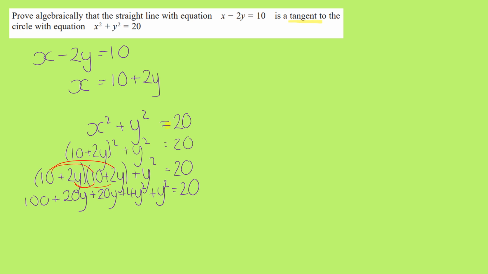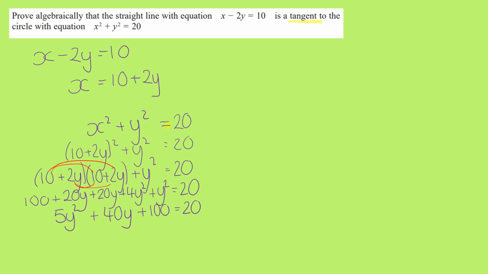Right, let's simplify. So starting with my quadratic portion here, so these two here, the y squareds, let's put those together. I've got a 4y squared and another y squared to give me 5y squared. Now then, my y's, 20y and 20y is giving me 40y, and we've got 100 equal to 20.